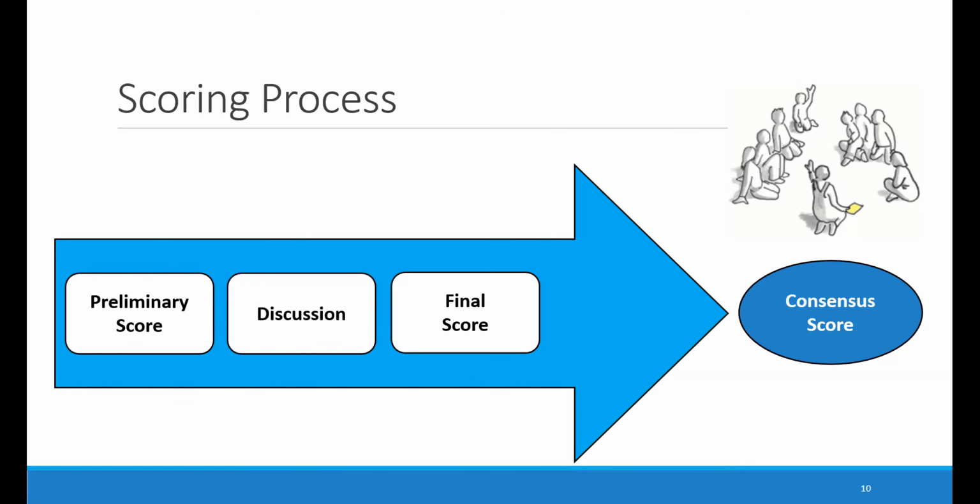And then they have a final individual score. And then the ACI, which Sai will show you, is able to calculate a consensus score from those final scores. So basically the mode score is the consensus.